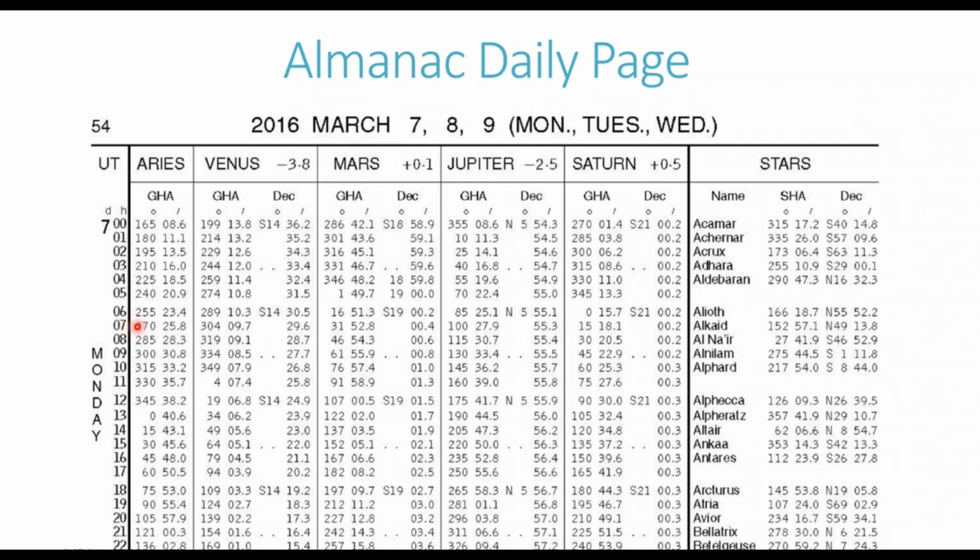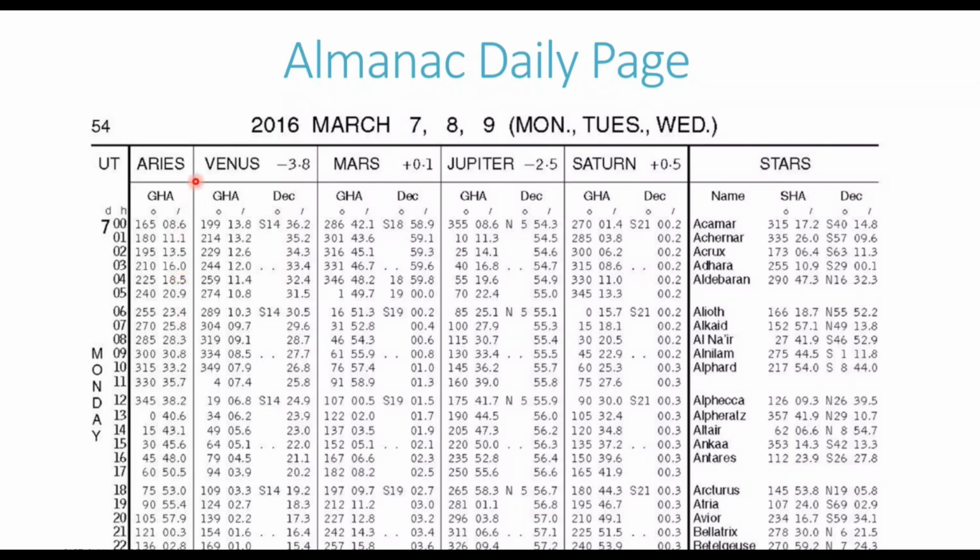Up to 06 hours, the value is available here, 255 degrees, 23.4 minutes. For 30 minutes and 30 seconds, you have to go to the increment table. You have to get the increment from there and add that increment to this value. You will get the GHA Aries for any particular day, hour, minute and second in the entire year.